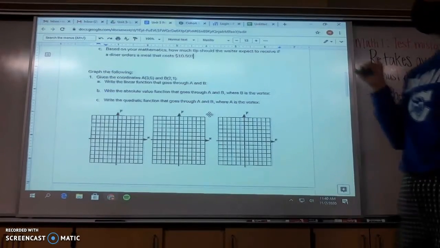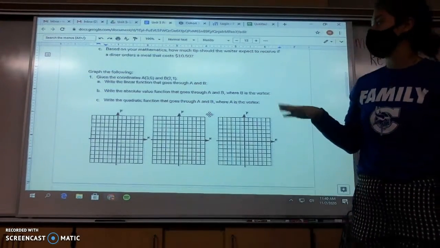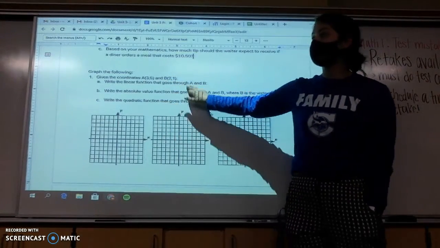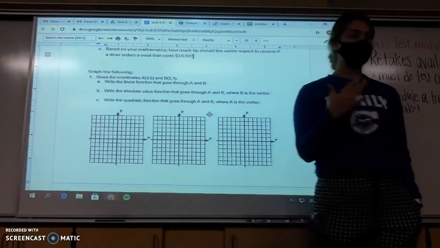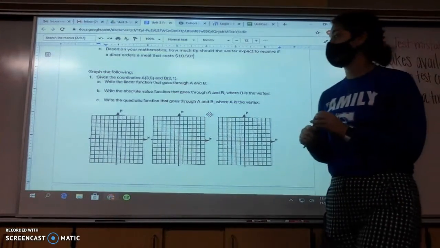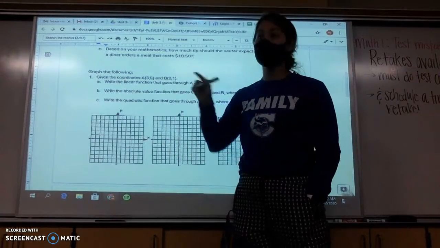Okay. This last one I want to talk about before I send you off on your review is how to make an equation for these lines and then translate them. So what I'm going to do is write the linear function that goes through A and B. I have 2 points.